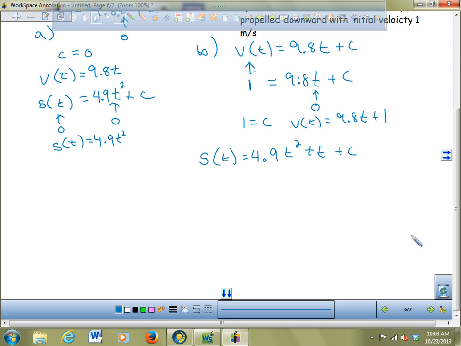Okay. In this case, again, you're starting at time 0, so s of t, your position at the start time, is still 0. And it's still time 0 and time 0 plus c. So again, in this case, c is 0. And so your position function looks exactly like 4.9t squared plus t.